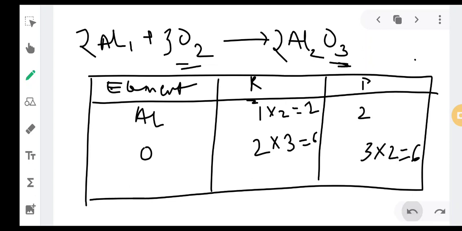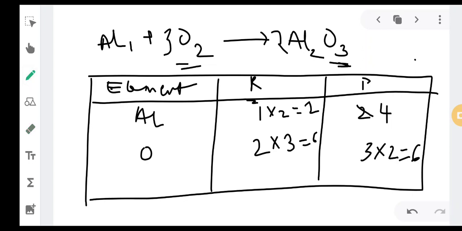How to balance aluminium: this has become 4, right? We had multiplied 2 over here on the reactant side. We could make it 4 by multiplying 4 over here instead of 2. If we multiply 4 over here, this will get converted to 4.